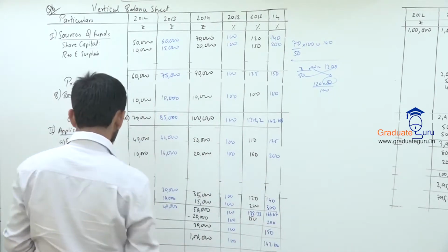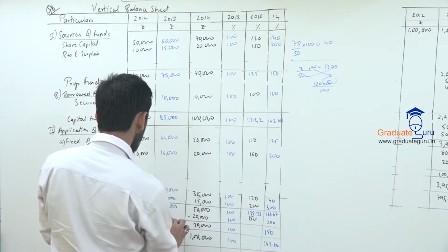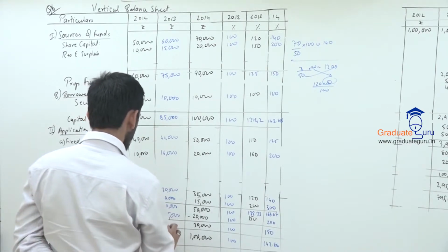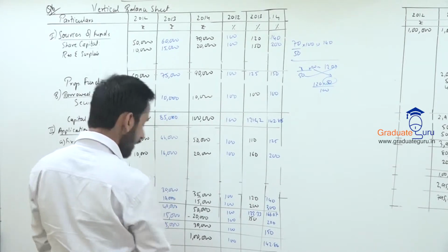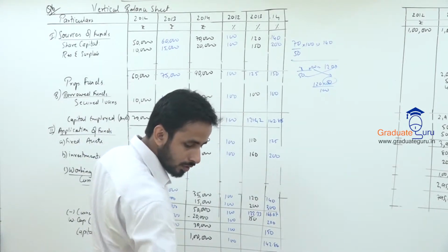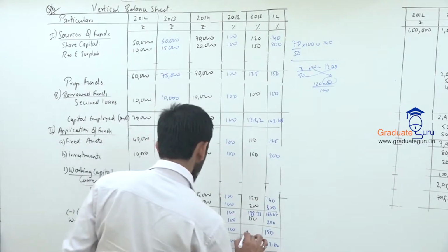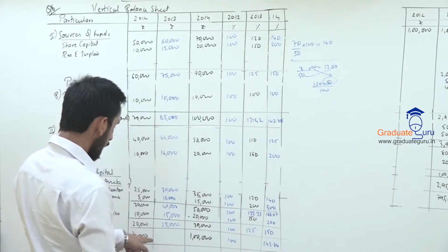Done. Current liabilities 10,000, 150%, that is 15,000. Subtract, this will be 25,000, right? 25 divided by 20, 125. So percentage will be 125%, right?